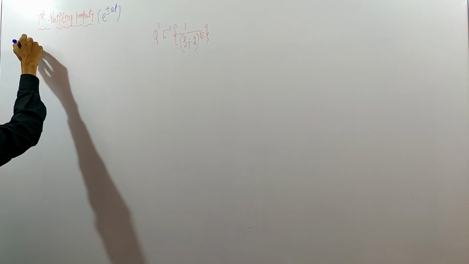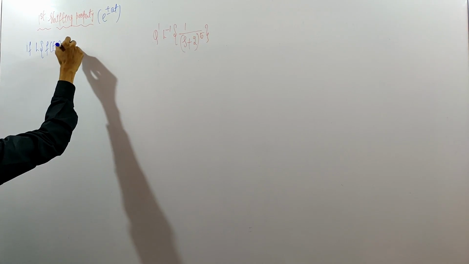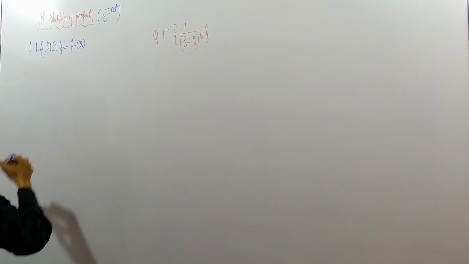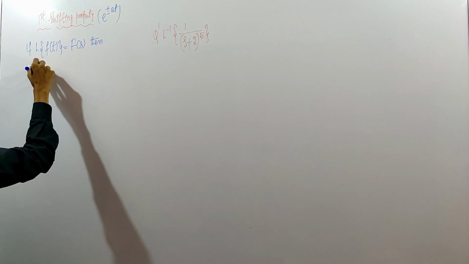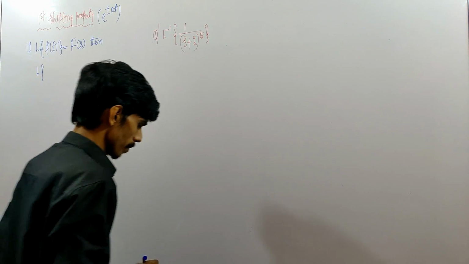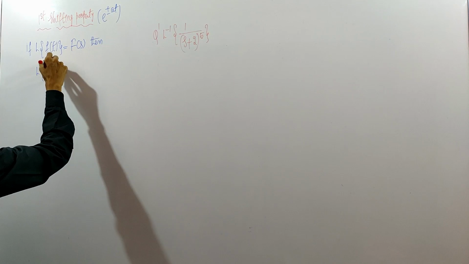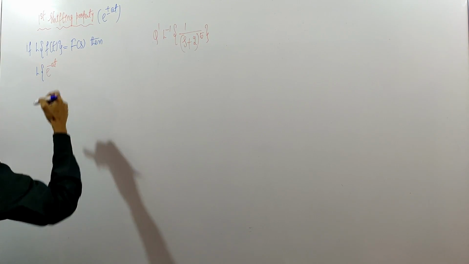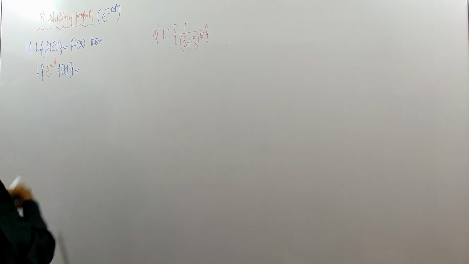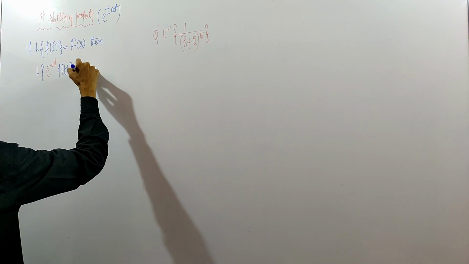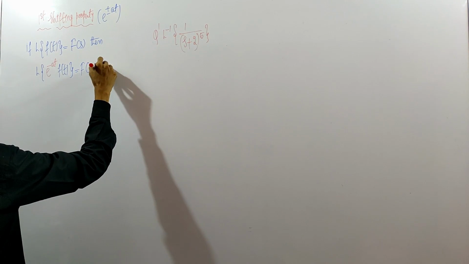We know that if Laplace transform of f of t is f of s, then Laplace transform of e power of minus at f of t will become f of s. Here we have minus a, so we will take plus a.